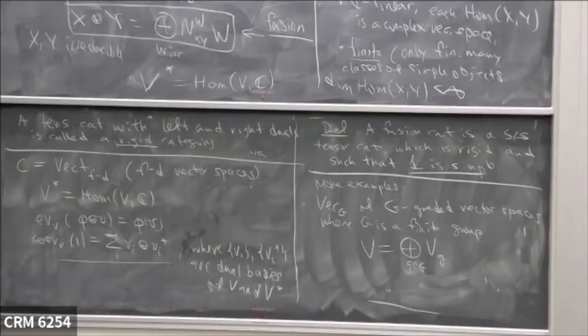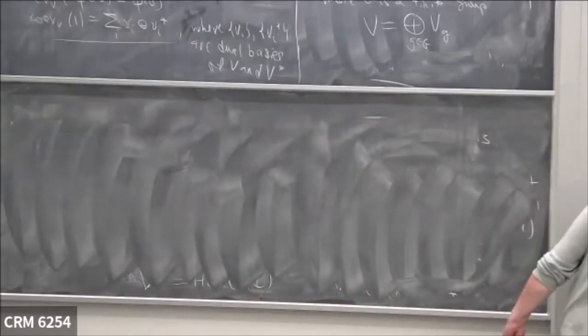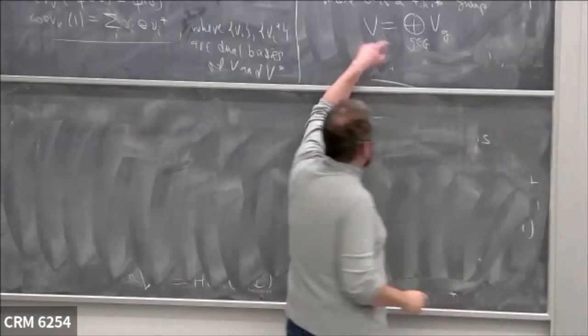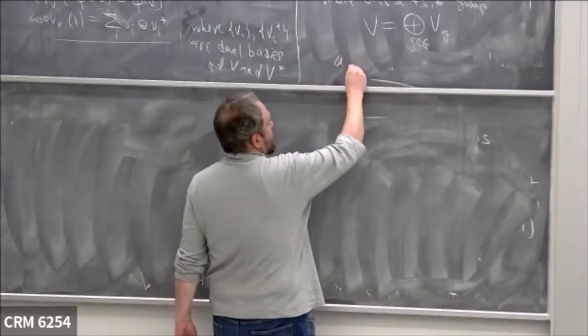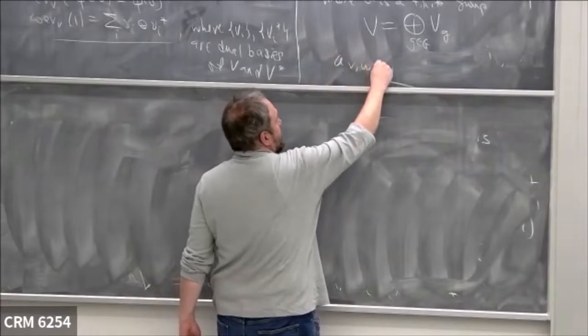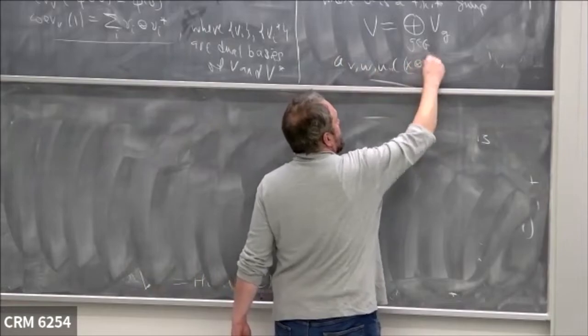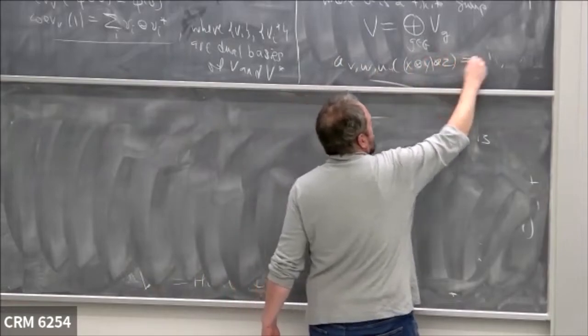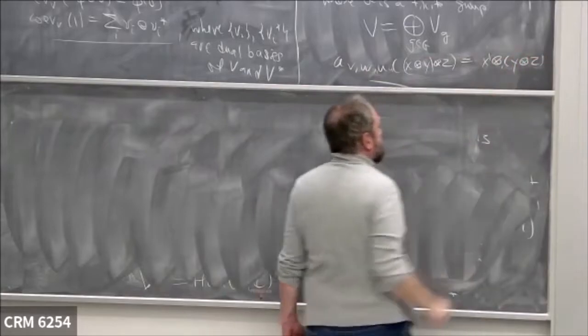Now let me deform this example a little bit to show that the associativity constraint can be non-trivial. When I talk about G-graded vector spaces, of course, I assume the usual associativity constraint, so X tensor Y tensor Z being X tensor Y tensor Z, like this.